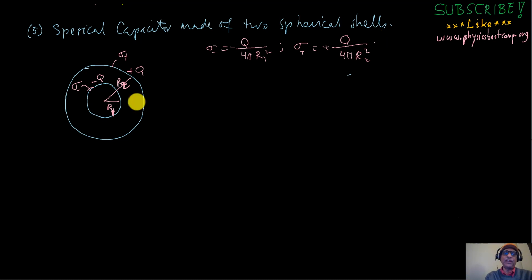We need to find the electric field at an arbitrary point. What's the electric field over here? Well, we already know it's going to be pointed towards the center. The other thing is the magnitude of that, so we use Gauss's law to figure out the electric field.